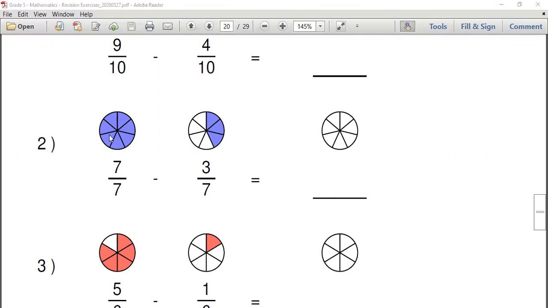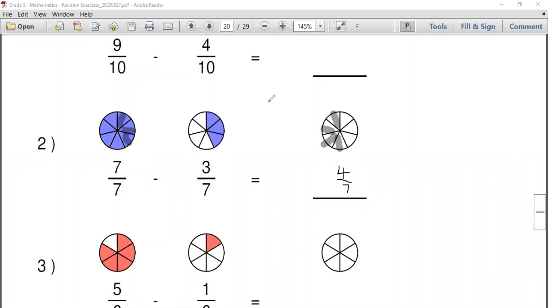If you look at the 7/7, you can see that the whole circle is colored in, meaning that we have a whole. Now we want to take away 3/7, so we take away this part and this part and this part, and we are left with 1, 2, 3, 4/7. And then we write down 4/7. You can also see that this is clearly its simplest form.